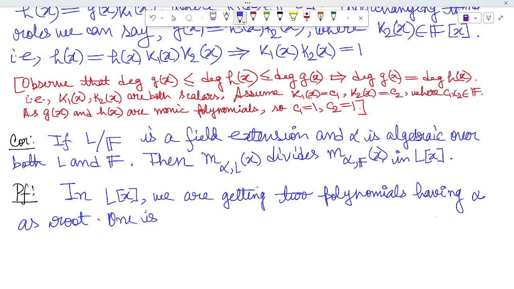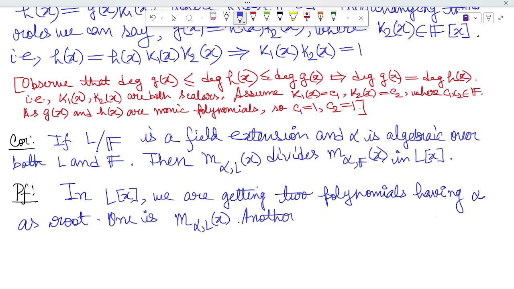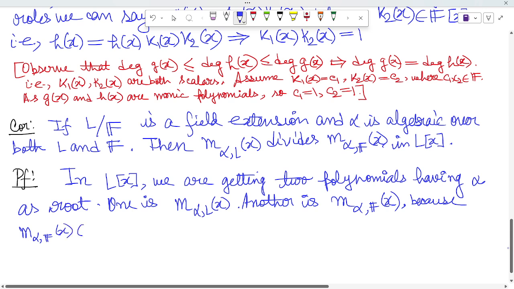One is obviously this polynomial, the minimal degree polynomial of alpha over L. Another is this one. Why am I getting it inside L x? Because this belongs to actually F x, right?